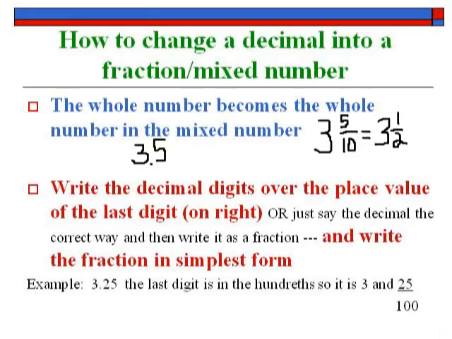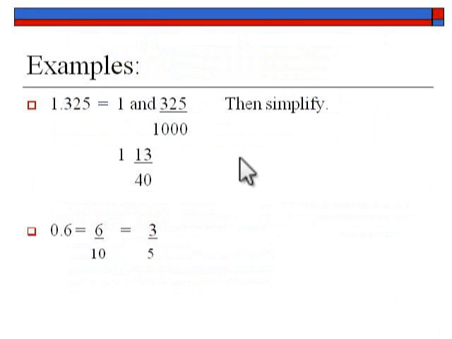All right, let's look at another example. If we had 1.325, think about how you would read it. 1 and 325 thousandths. Now we would need to simplify that, and here's a little trick. When you're doing these decimals, you're always going to have a power of 10 down here. Always try to divide by 25.